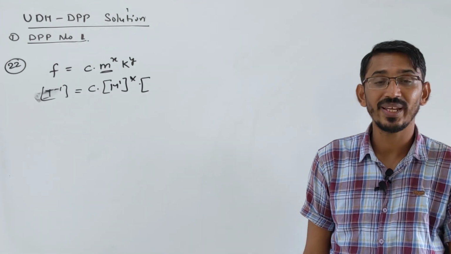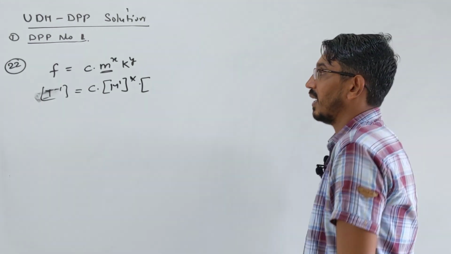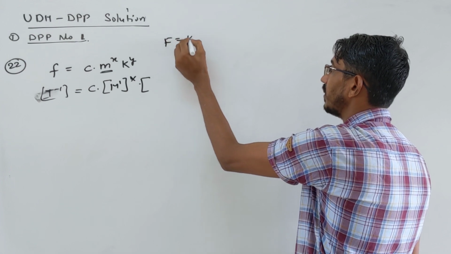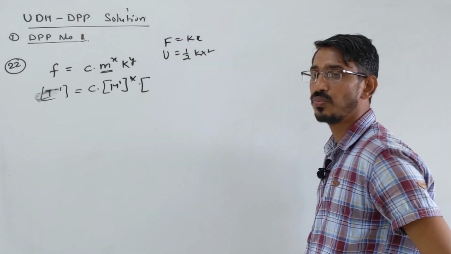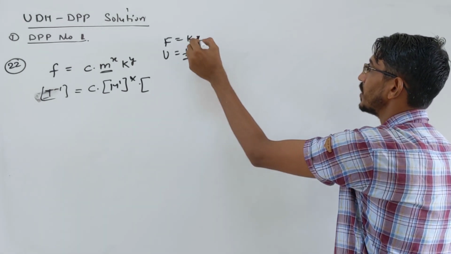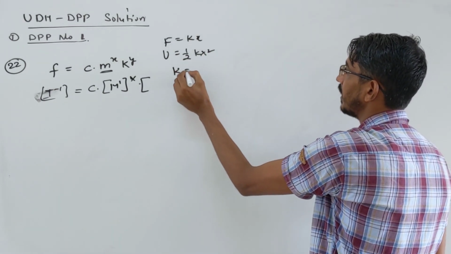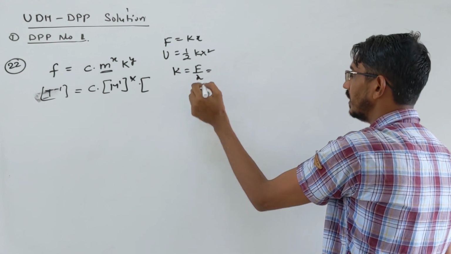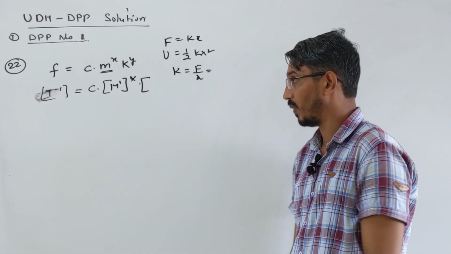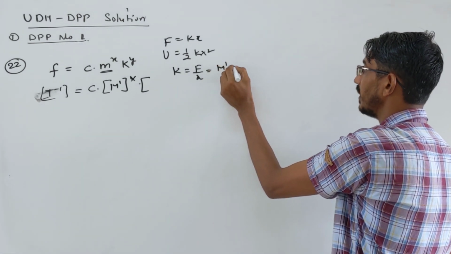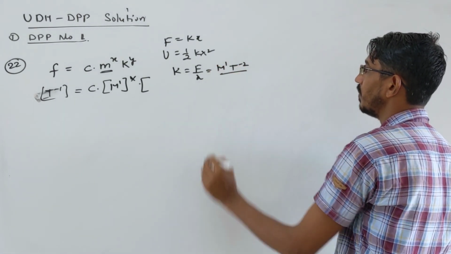If you know some formula, you can find its dimension easily. Spring force is given by k into x, energy stored in spring is half kx square. Any formula you can use to find the spring constant k. So the dimension of k is force by x. Force is m power 1 l power 1 t power minus 2 by l power 1. So m power 1 t power minus 2 is the dimension of k.